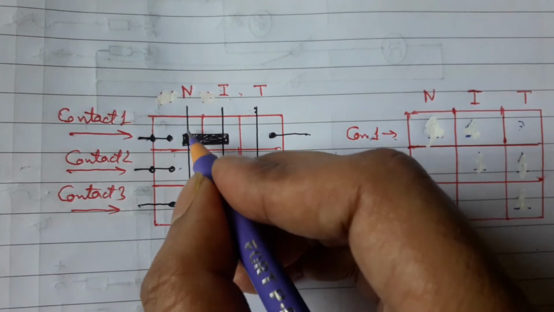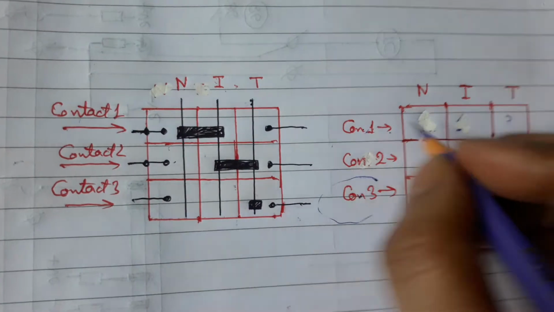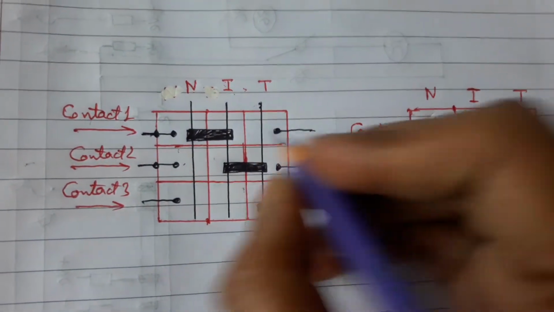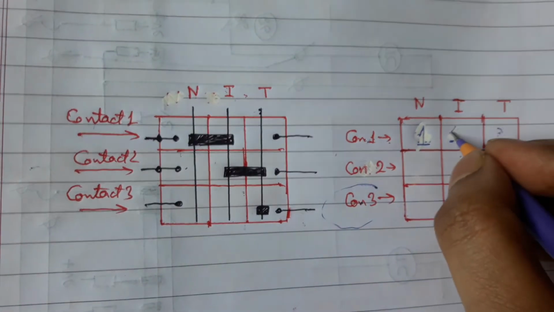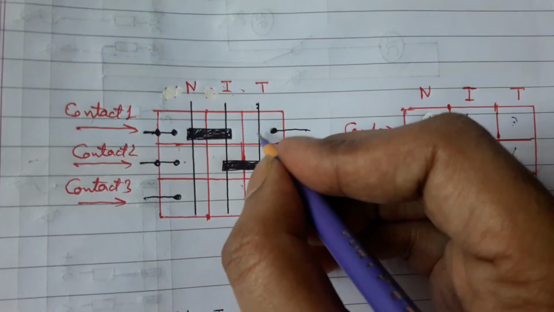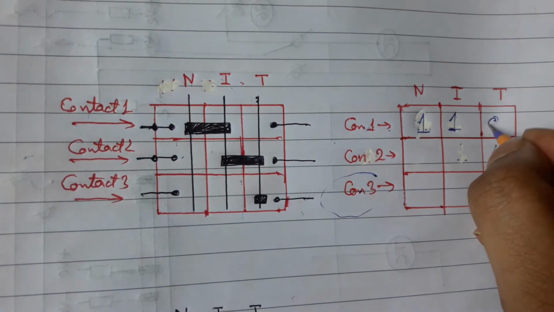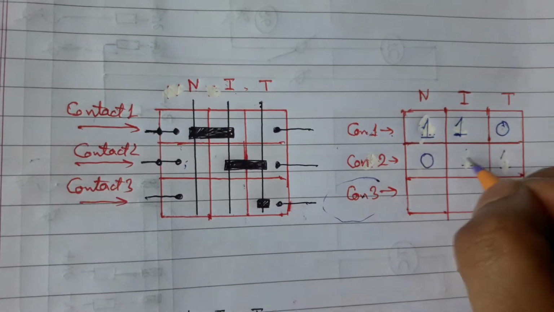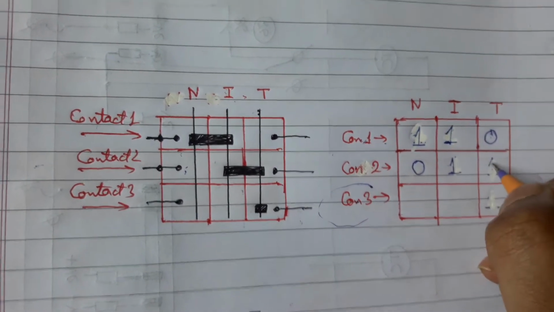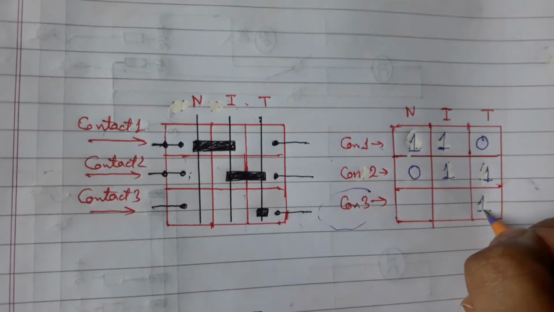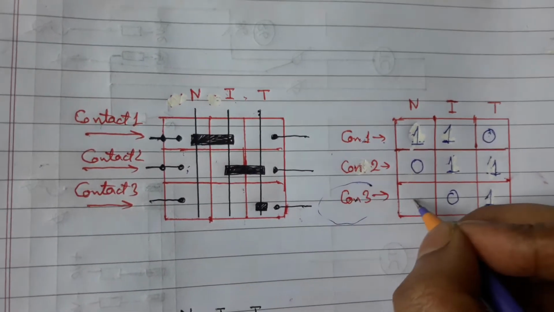In this cell there is a shaded area, so this is 1, this is 1, this is 0 because there is no shading, this will be 0, this is 1, this will be 1, this will be 1, this will be 0, this will be 0.